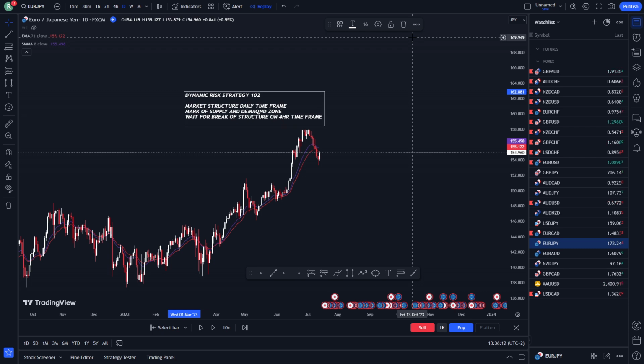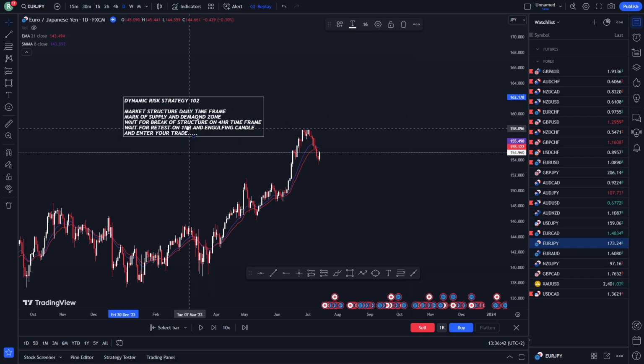Wait for a retest on the 1 hour and an engulfing candle, and enter your trade. That is basically what we're gonna wait for, right? This is how simple the strategy is.